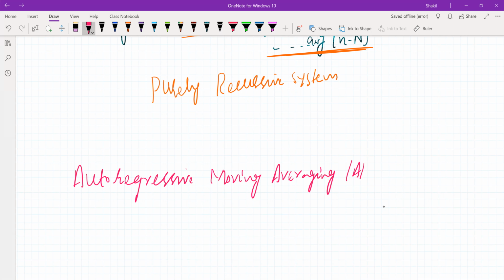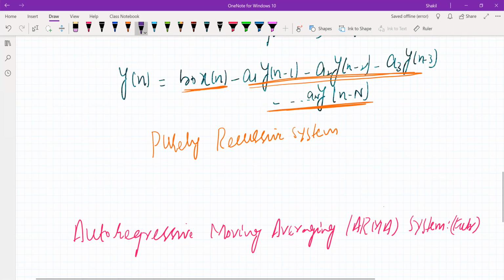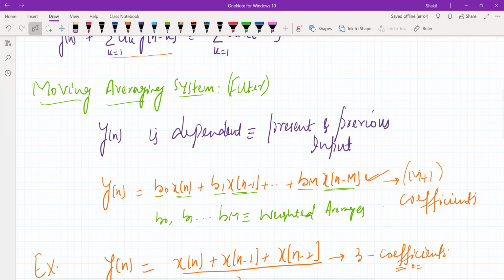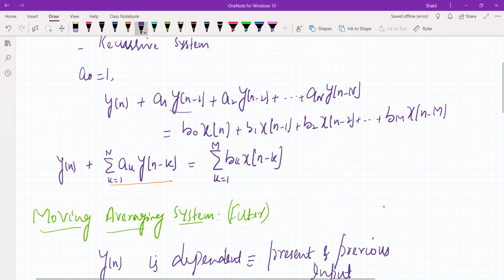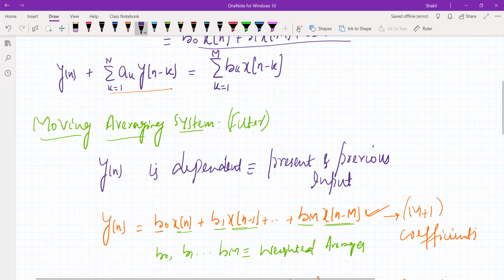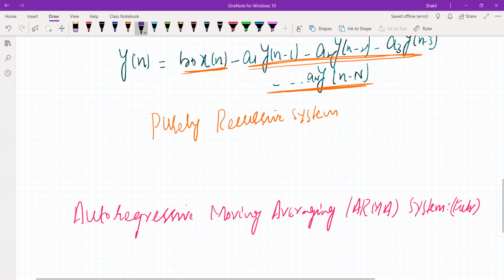This is also called the ARMA system or filter. Remember, every discrete time system is also referred to as a filter. So what's the general expression? The general expression is the same as the original difference equation. This is the ARMA system.